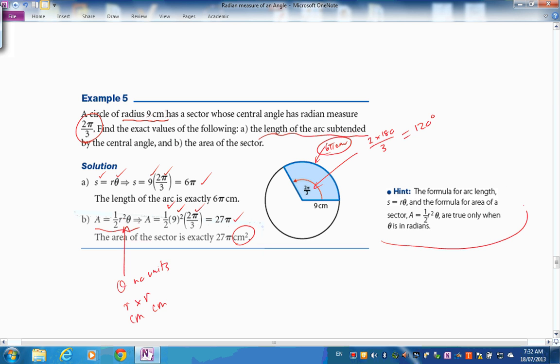Here is an important point, it's not so much a hint. You must have theta in radians, because we're now developing relationships like arc length is r theta, which only hold if we have the connection of the angle, not as an amount of opening, not like that with degrees, but as a ratio of s over r.